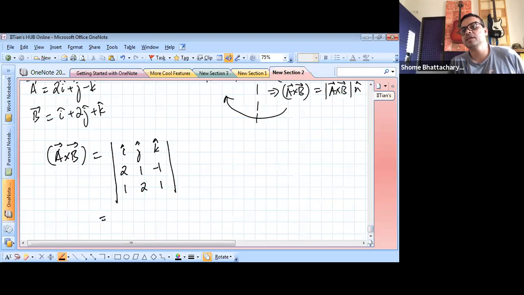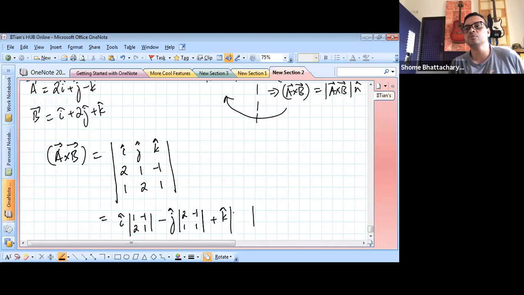Next step, I can write this as i cap with this matrix, this one here. So that is 1, -1, 2, 1. Then remember the middle term always comes with a minus sign. So minus j cap into these four terms, the first and the third row: 2, -1, 1, 1. And then finally plus k cap with this matrix, the first and second column, excluding the k cap column: 2, 1, 1, 2.